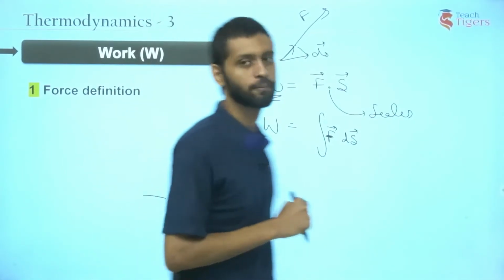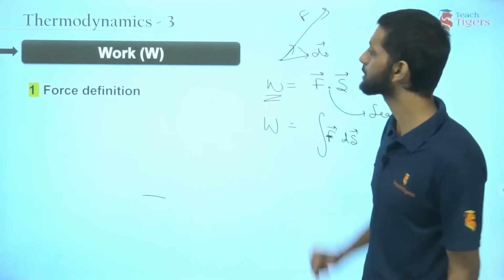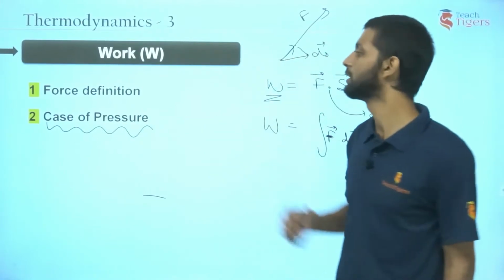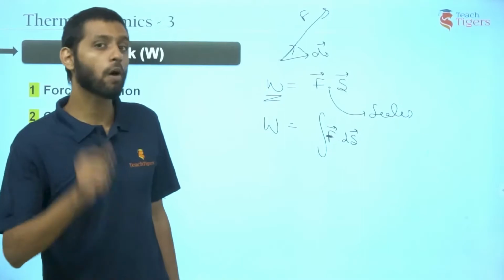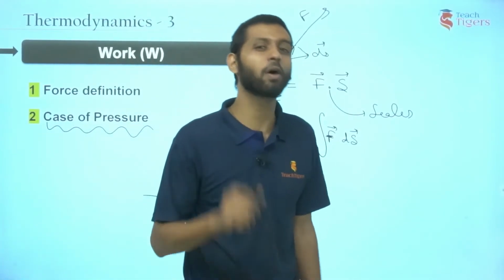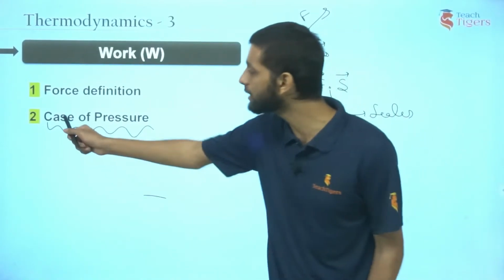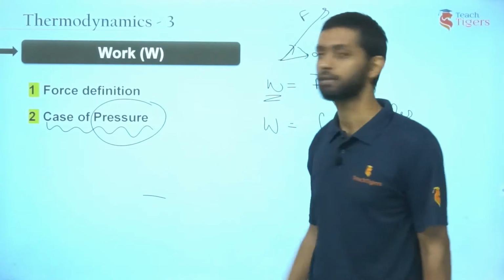But in thermodynamics, we don't usually come across cases like this. We usually come across pressure. We never talked about force when it came to state variables, but we talked about pressure, volume, temperature, number of particles. So we have to define things using pressure.